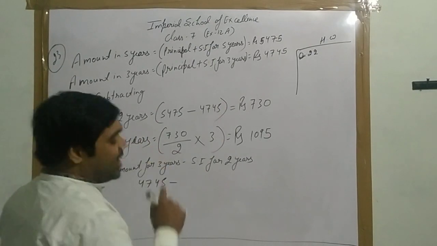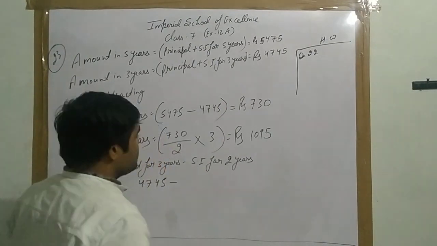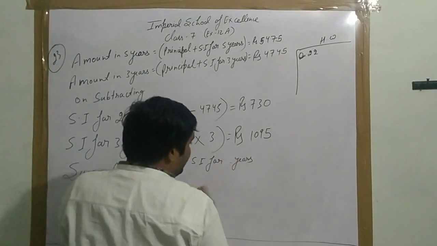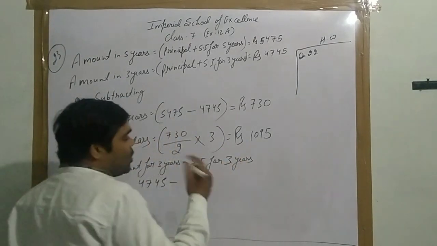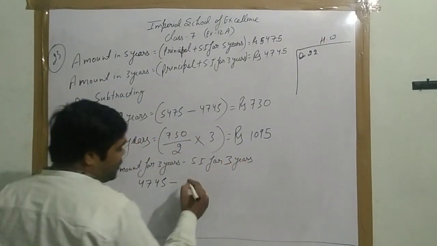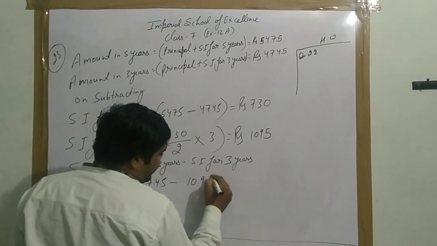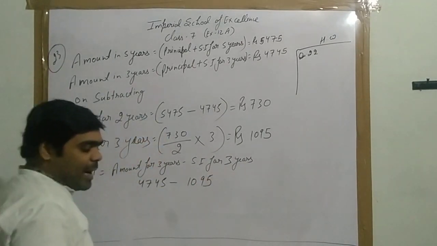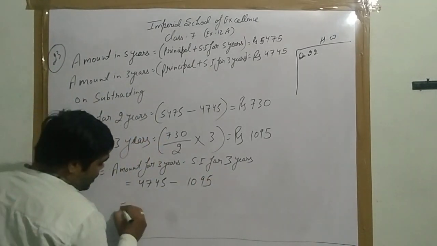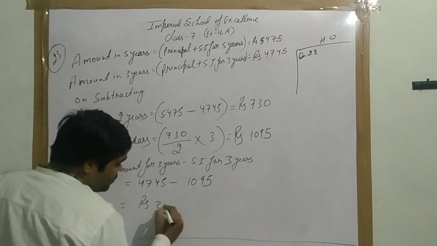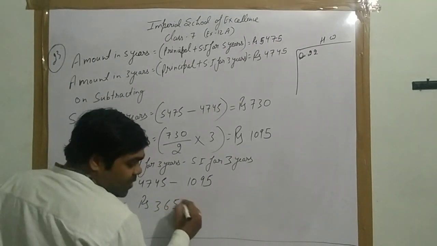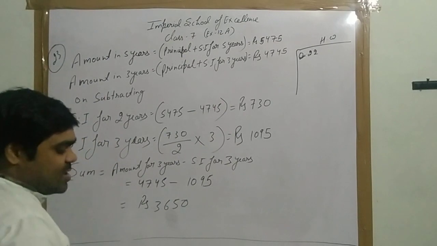Sorry, it will not be SI for 2 years, it will be SI for 3 years. SI for 3 years is given to you. We have found 1,095. When you minus this, it will be rupees 3,650.